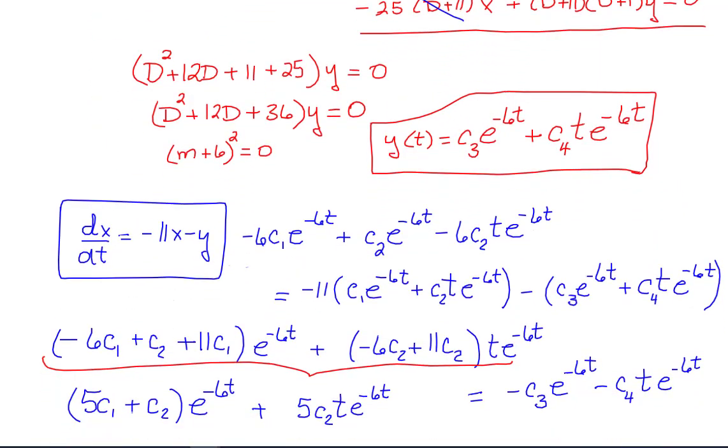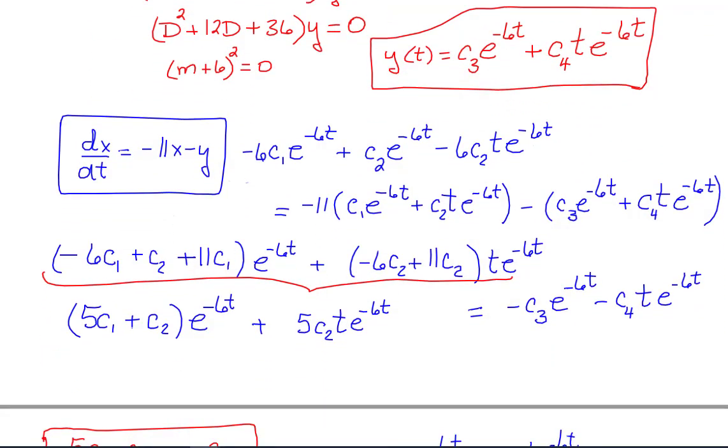Let's plug everything back in and see what is the dependency between C1, C2, C3, and C4. Easy places to lose signs and numbers. Here's the derivative of the x solution equals minus 11 times the x solution minus the y solution.